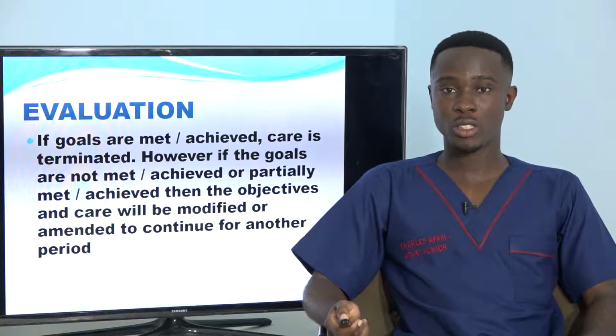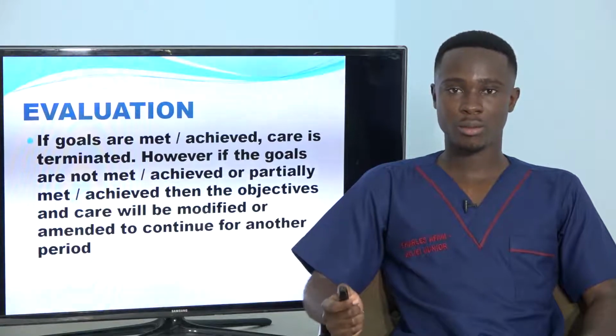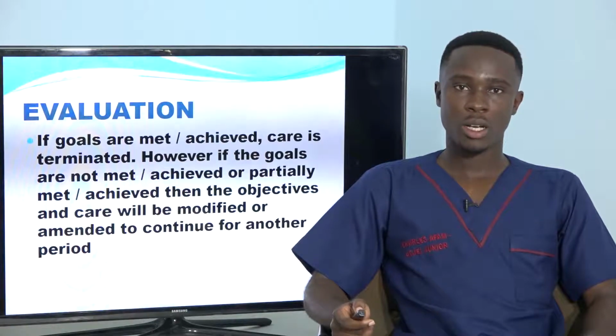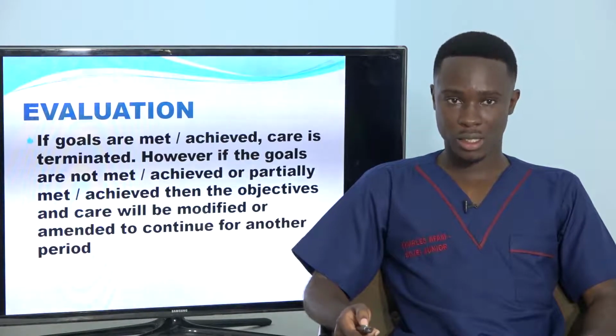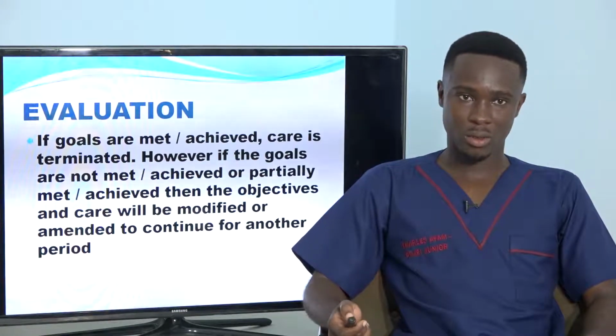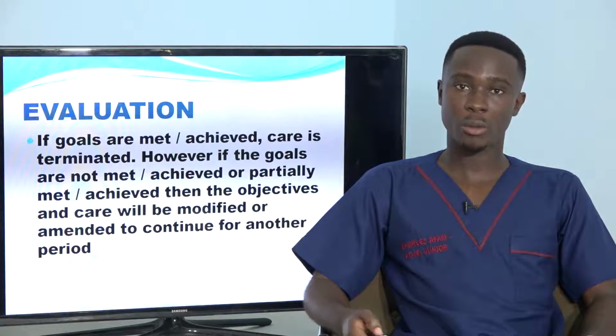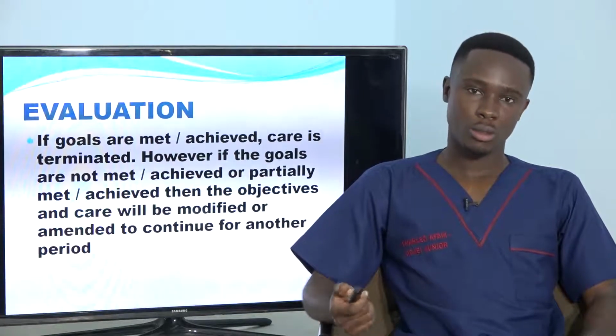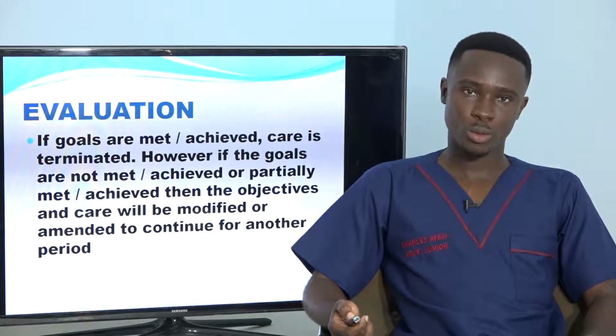Amendment of care is redoing the nursing care plan, but re-evaluating it. So you now have to come up with a realistic, smart objective that can be achieved looking at the wound, or you have to come up with new techniques that will help you achieve this goal.